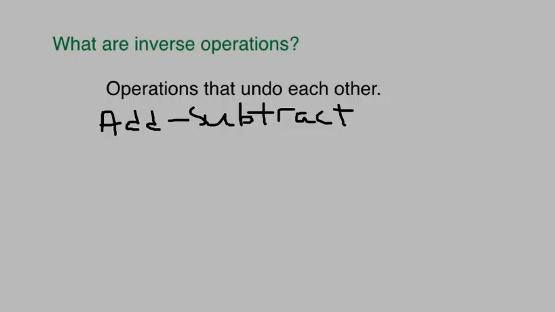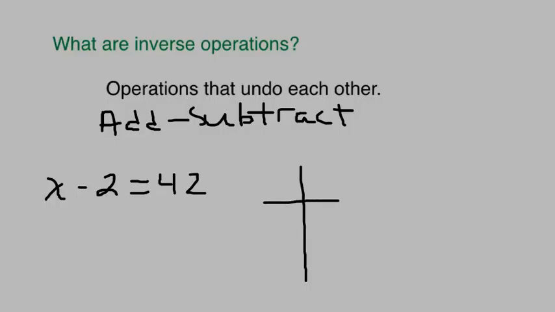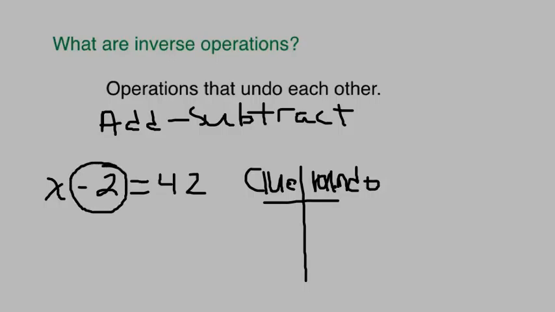I want you to notice on your notes that I have written a clue undo chart, and the example that I've given you is x minus 2 equals 42. Sometimes students don't see the operation that's going on in the equation, so I tell them to do a clue undo chart. The clue is the hint, what's going on in the equation, and my clue is I'm subtracting 2.